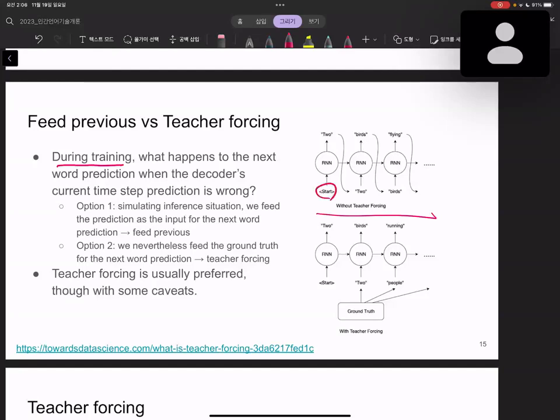Here is the start token, and the current output is 2, and 2 is used as the input for the next time step, and this will predict bird, and bird is now the input for the next time step, and flying is used. Okay, so this is the typical RNN training process.